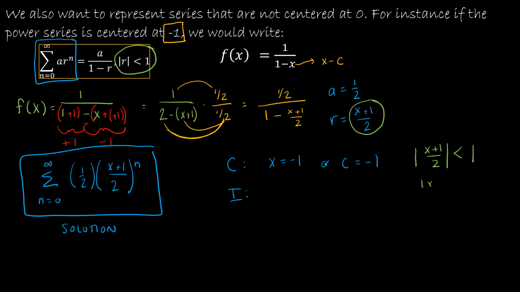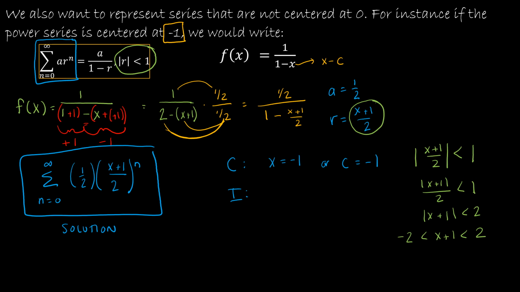So I can rewrite this as the absolute value of x plus 1 divided by 2, because the 2 is positive, so I can take it out of the absolute value. I can multiply by 2 to give me the absolute value of x plus 1 is less than 2, and then using the property of an inequality of an absolute value, I can rewrite this as -2 is less than x plus 1 is less than 2.